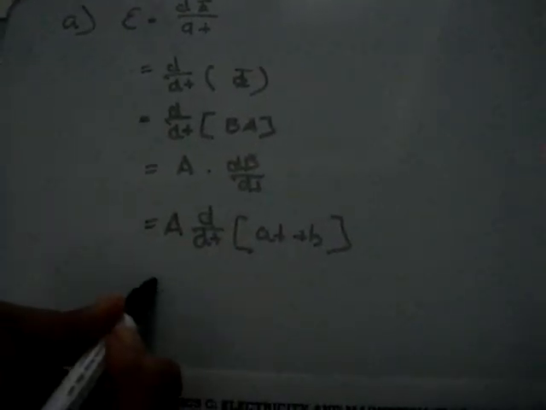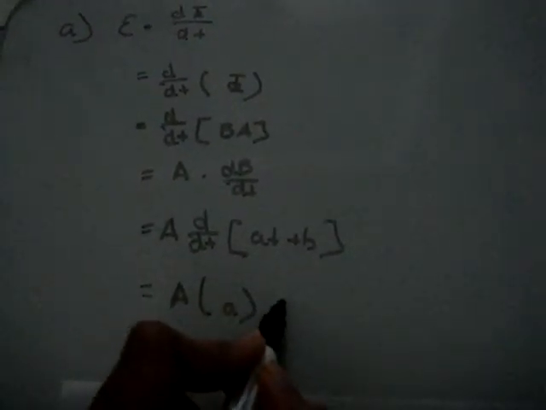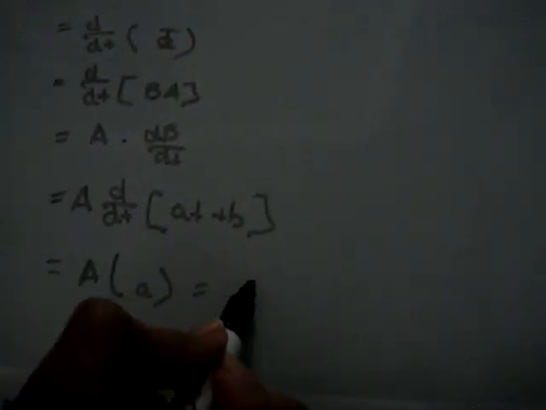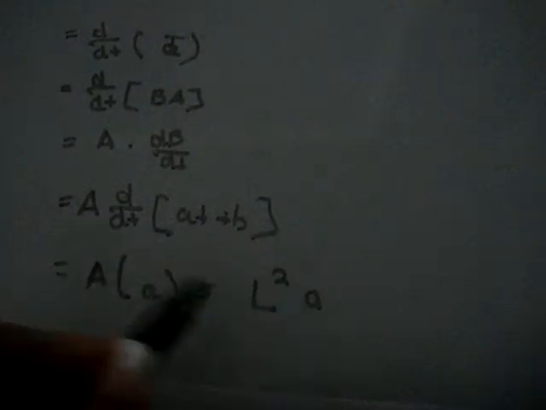So then we just take the derivative of that and we get A times A. And then the area is just equal to the length squared, because the square is of side L. So we have L squared A, and that is equal to the emf.